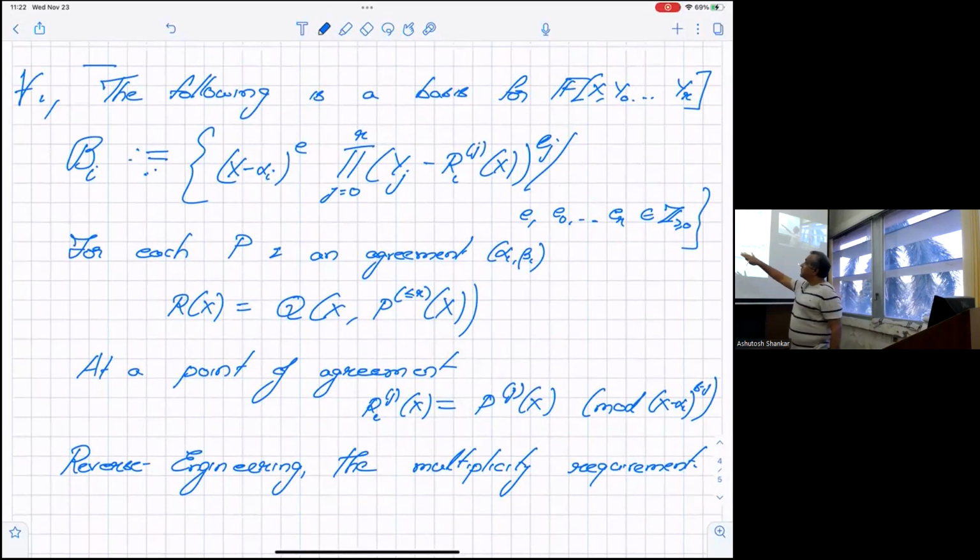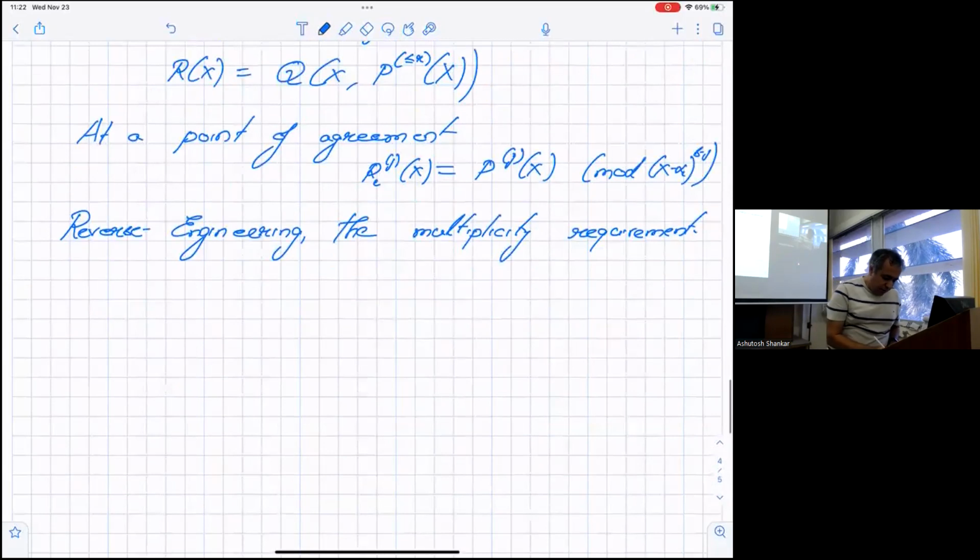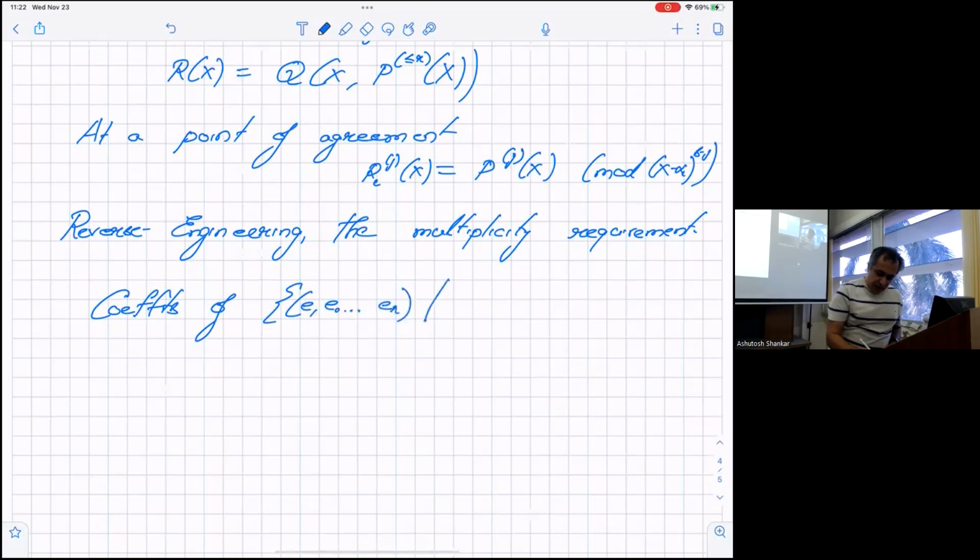What does it mean? When I write it in that basis, look at the coefficients corresponding to the following set of monomials, E0 to ER, such that E plus the summation of (s minus j) times e_j is less than m.